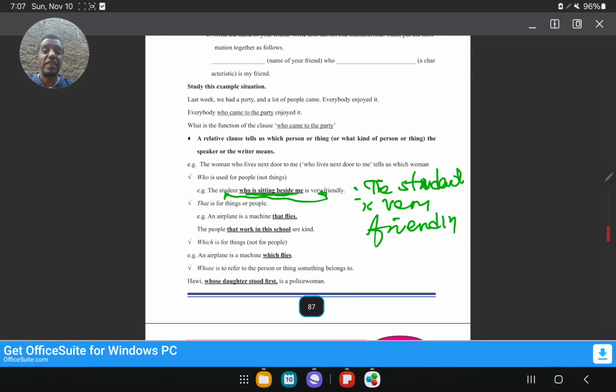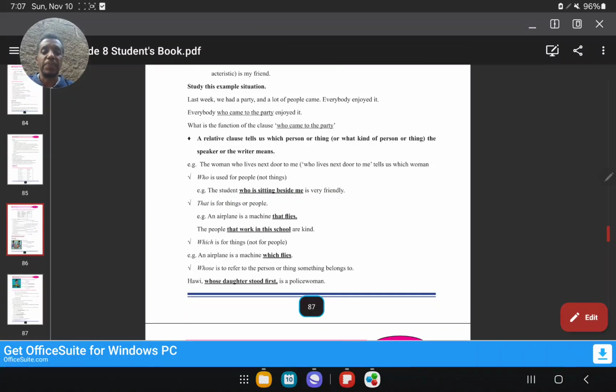We have no answer. Yes, the student who is beside me. Now you get information. አሁን መረጃ አግኝተናል ማለት ነው። So relative clause tells us more about the subject. Subject ማን ነው? The student.